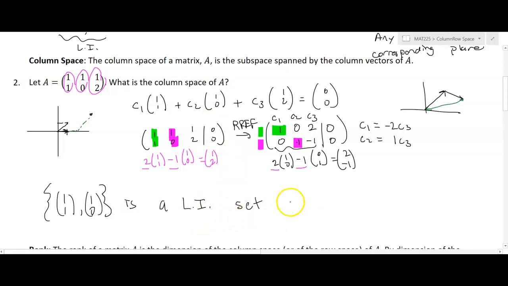So the span, the column space of A, which we often denote column space of A, is the subspace spanned by the column vectors of A. Well, that means the space that I can span is anything along the plane formed by these two vectors being put tip to tail.